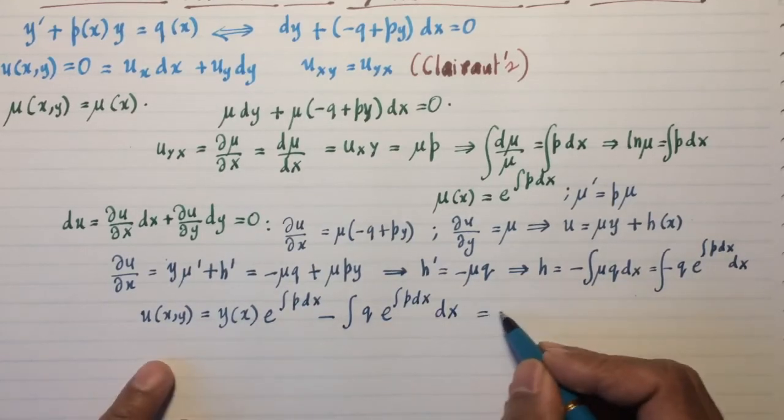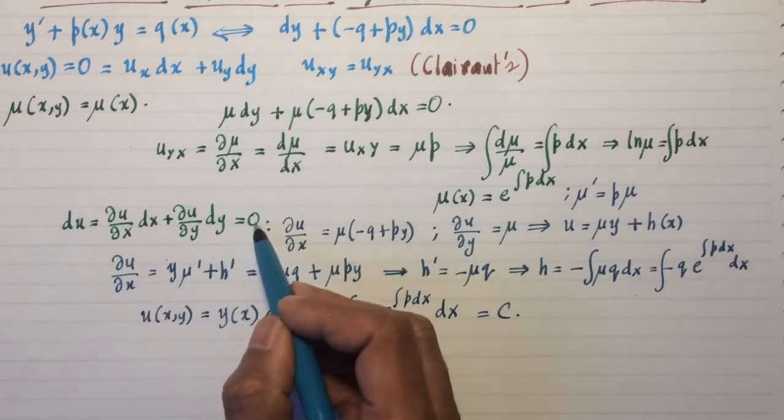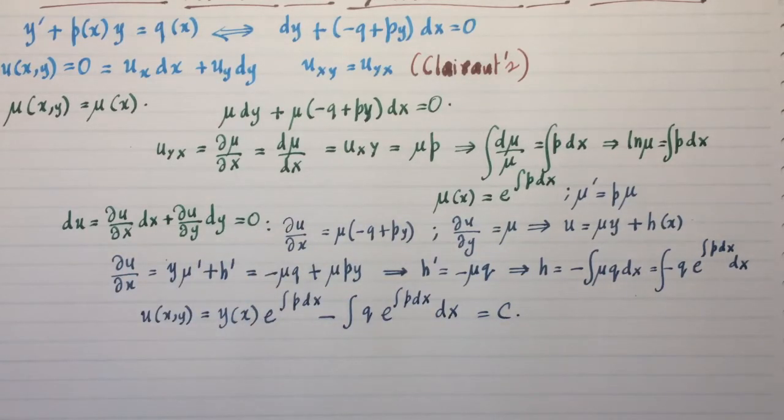And that u equals constant, because if du equals 0, then u equals constant. So that's the full solution of this differential equation.